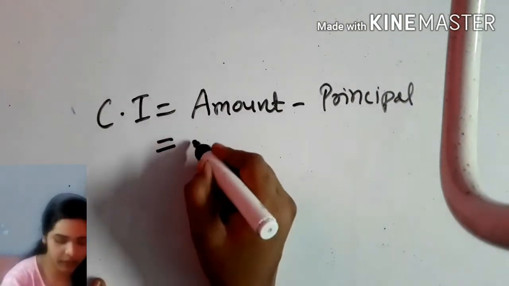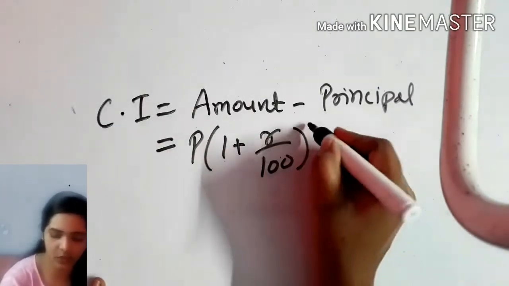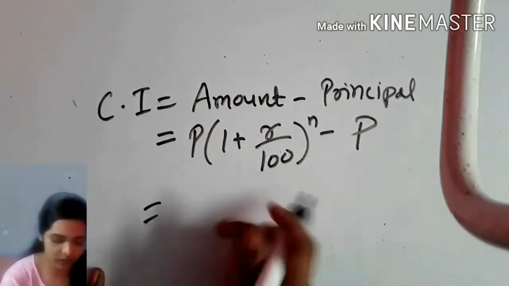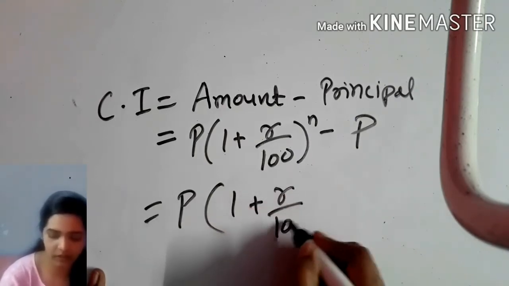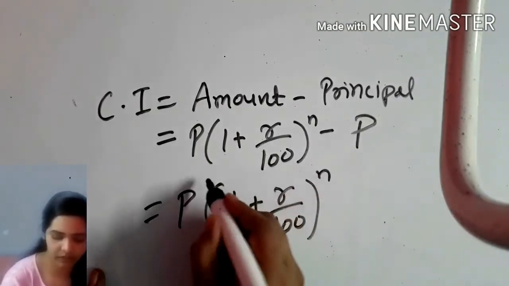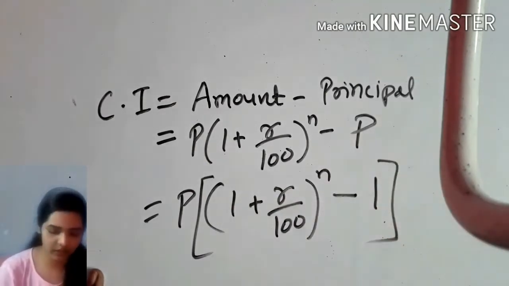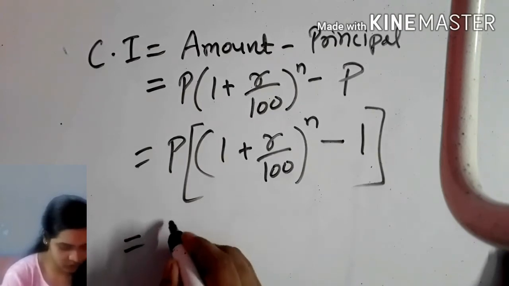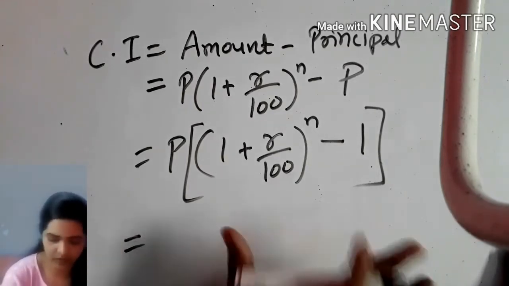The amount is P times 1 plus R upon 100 raised to N, minus principal. Taking principal common, 1 plus R upon 100 raised to N. If I take principal as common, then here remains 1.